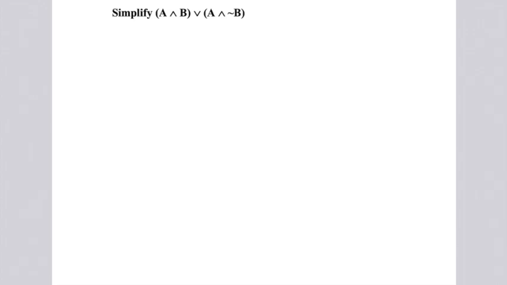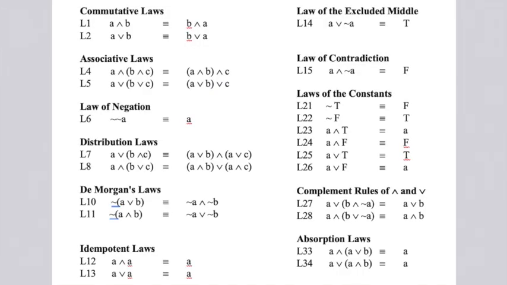I am going to look at this particular question. This asks us to simplify this algebraic expression, A and B, or A and not B. First of all, I can look for things that seem familiar. I've got an A and in brackets and another A and in brackets. And if I have a look at my logic law list over there, I can certainly see that in law 8, I have an A and in brackets and an A and in brackets.